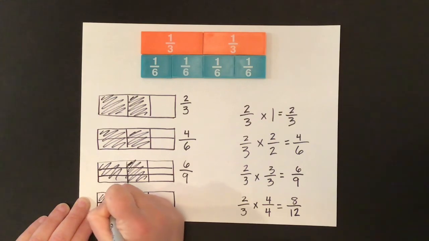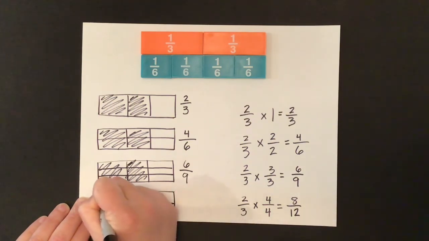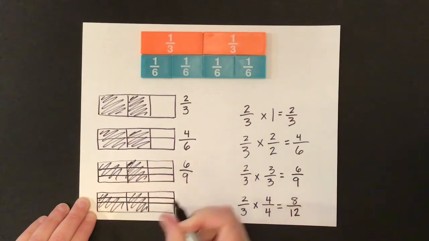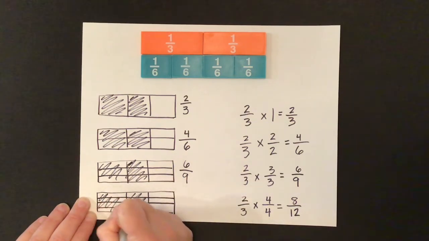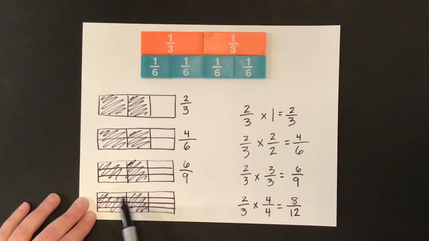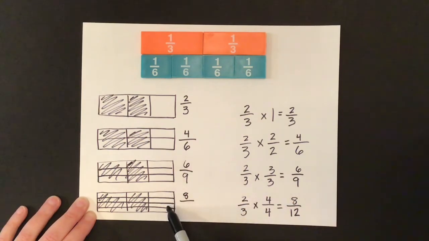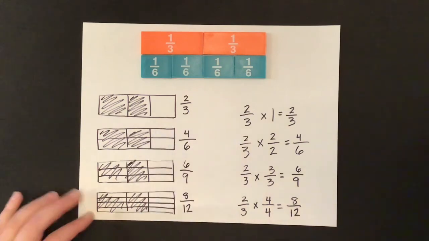So I'll draw one line down the middle and then keep going. And now I have 1, 2, 3, 4, 5, 6, 7, 8 pieces that are shaded, and 9, 10, 11, 12 out of 12 pieces. So 8/12 is equivalent to 2/3.